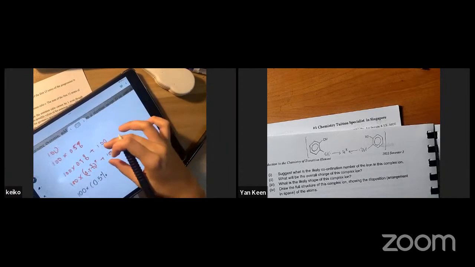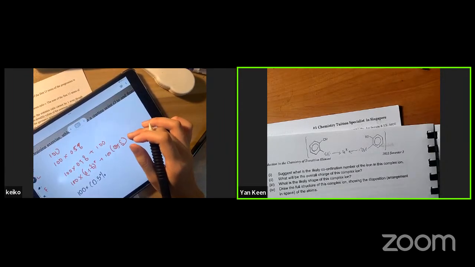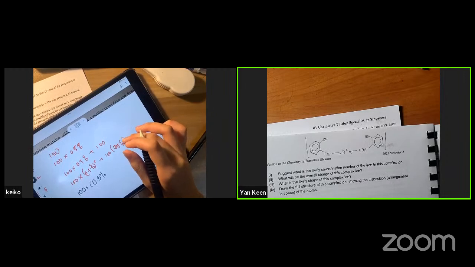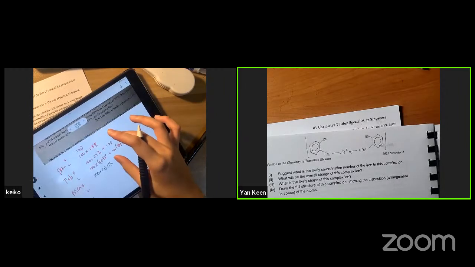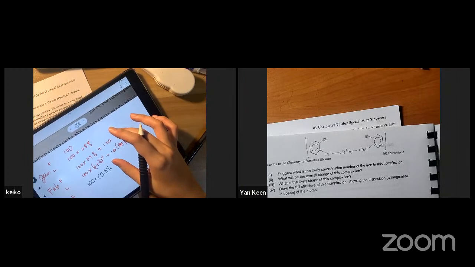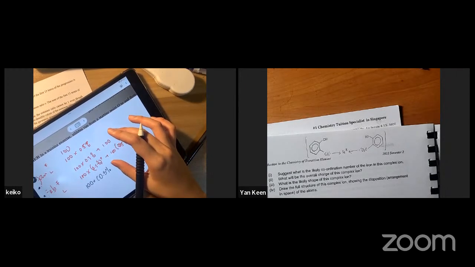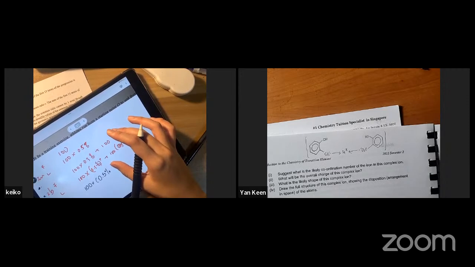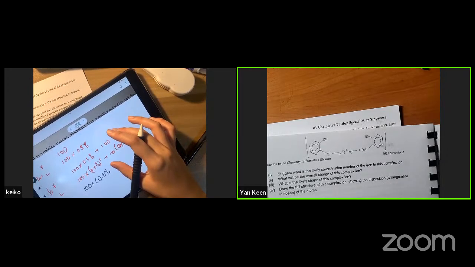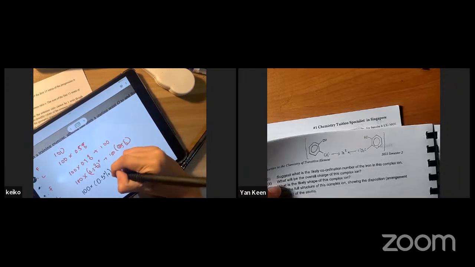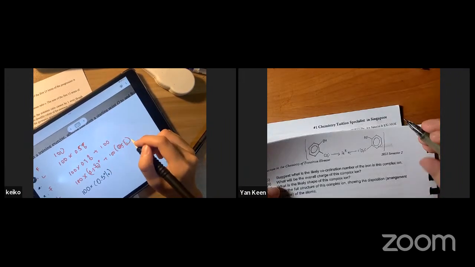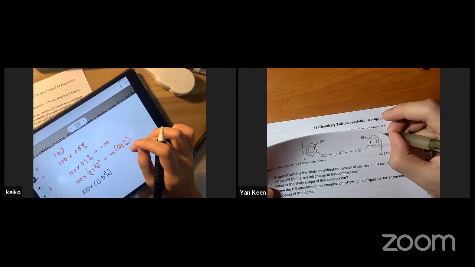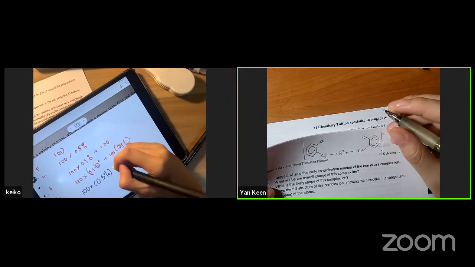That's my guess, but the charge is going to be +1. I have no reason to doubt it, right? Complex charges are not very complicated. If this is going to be 1 and 2, then that's what it should be. The shape I may have some problem with.